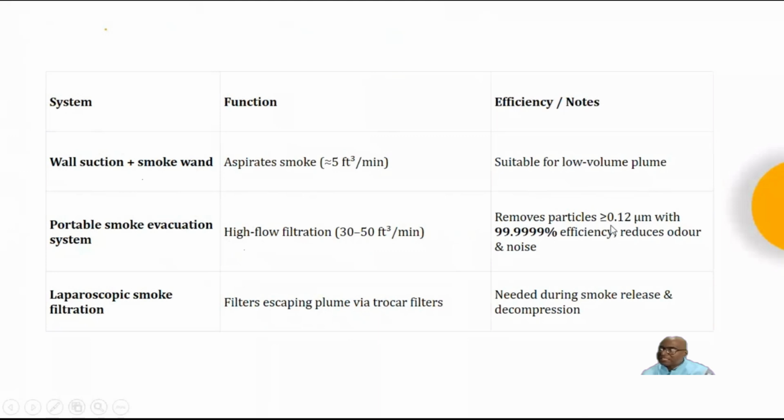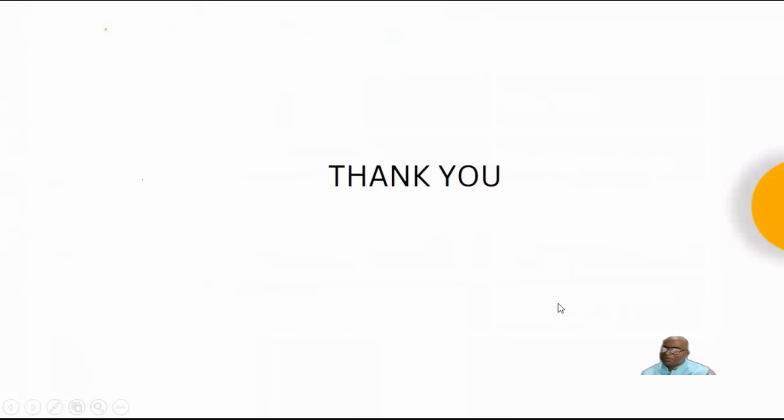They remove particles more than 0.12 micron with 99.9% efficiency, and reduce odor and noise. Then laparoscopic smoke filtration filters escaping plume via the trocar filters, and it is needed during smoke release and decompression. Okay, so that finishes the topic of smoke.